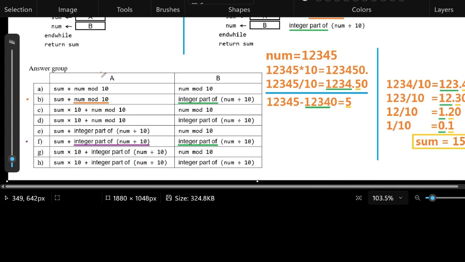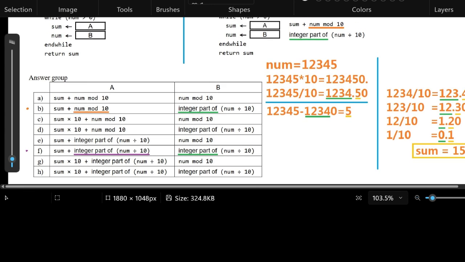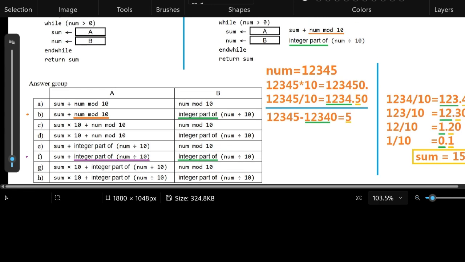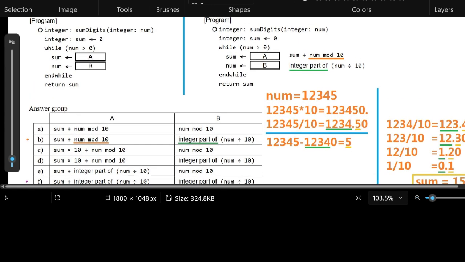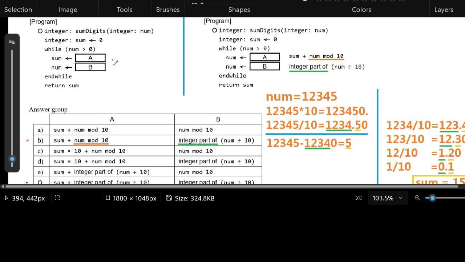From the answer group, we can see that there are two columns because there are two blanks, and the program would need us to put in the answers for the two blanks, A and B.